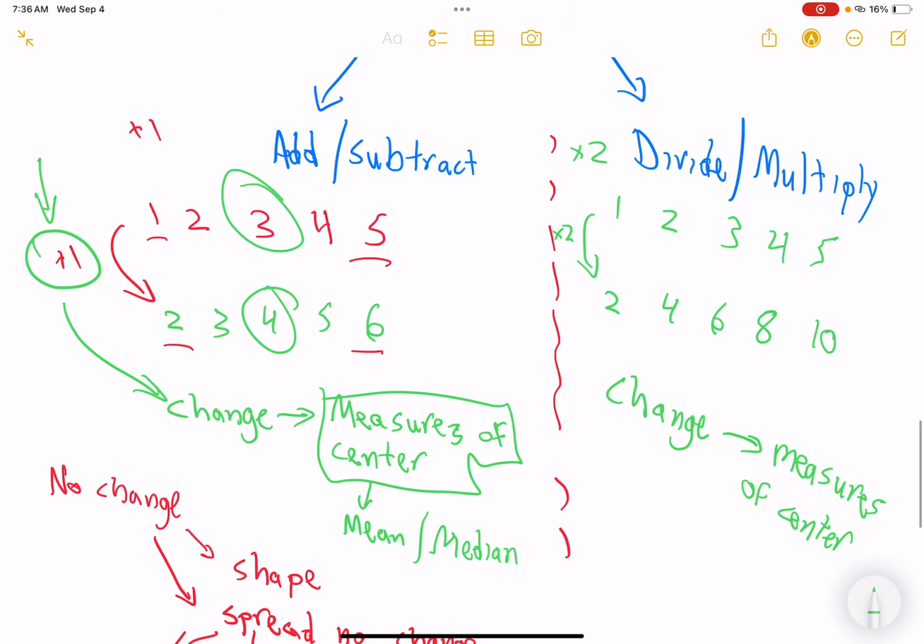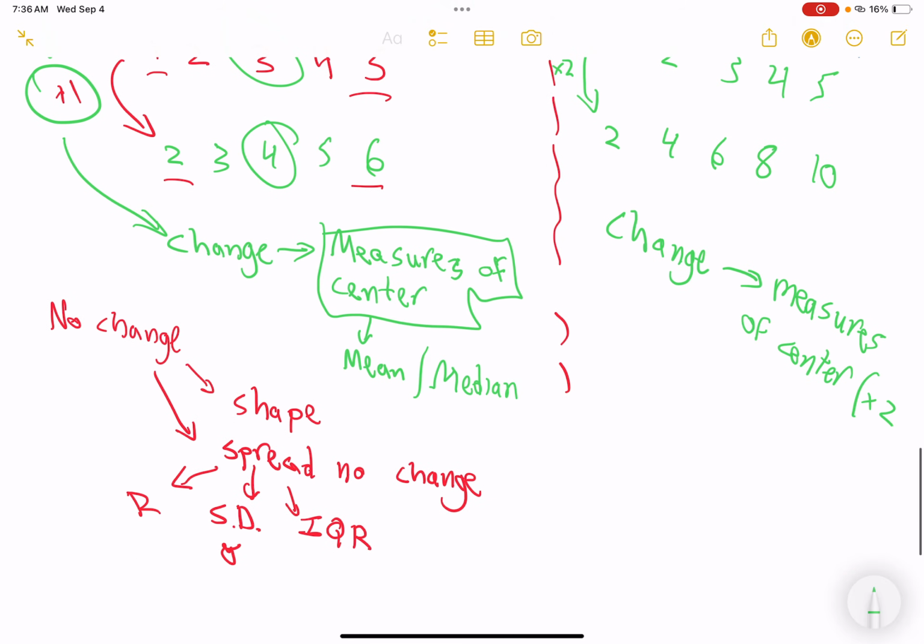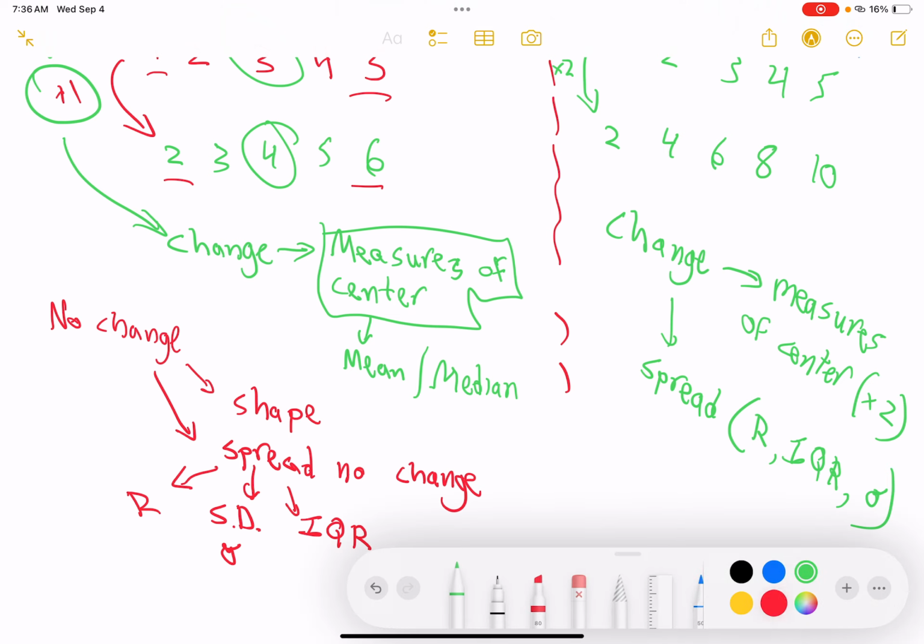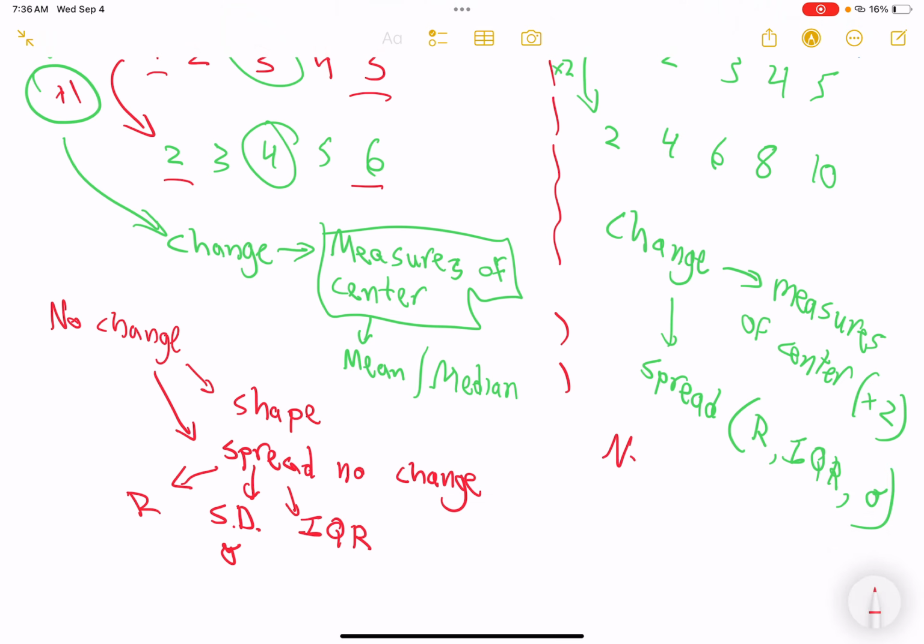They go up times 2. So the mean and the median both go up by times 2. The other thing that changes is spread changes this time. So both measure of center and spread, so range, IQR, these all will change when we multiply or when we divide. The things that do not change, and it's just one thing, is shape.